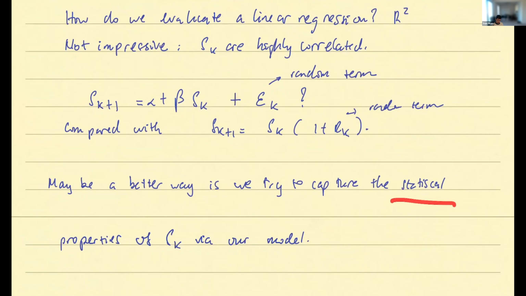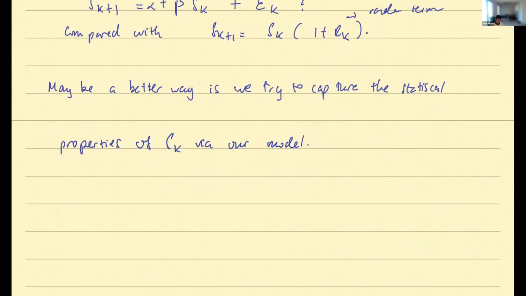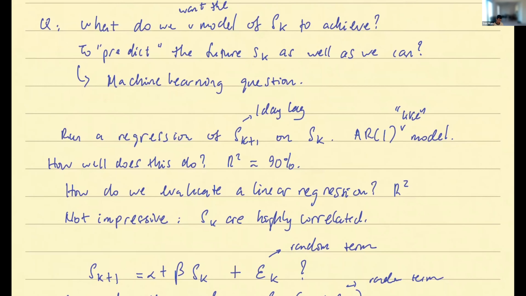To capture the statistical property is, I don't know how to say this, but is to look at the nature of the stochastic movement of the stock. You're not really interested in fitting the value itself. You don't care what the actual value is. I mean, you might use it, but what you're trying to do is come up with some model that somehow explains the randomness of the stock internally, intrinsically, rather than relying on the data to tell you what to do.